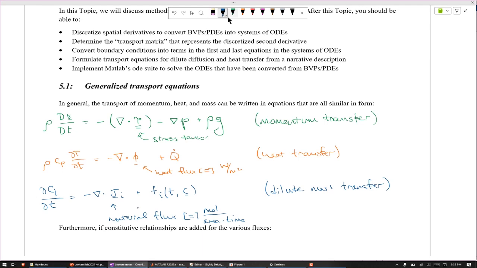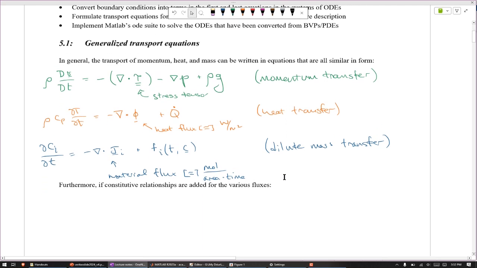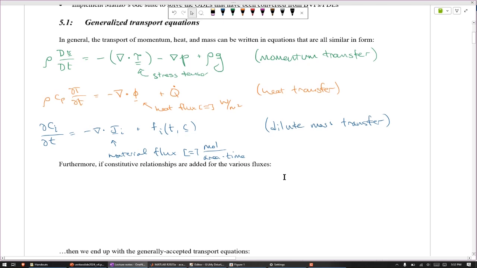So these equations, they all look the same, right? You have your time derivative on the left-hand side. You have some del dot some flux, minus del dot some flux, and you have other terms that could affect the balance of whatever you are bookkeeping for in those equations, right? Now, in each one of these scenarios, you have some sort of constitutive relationship, right?